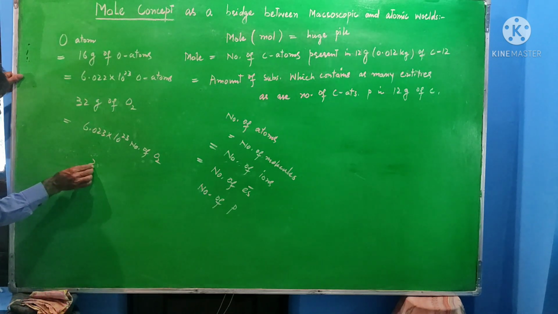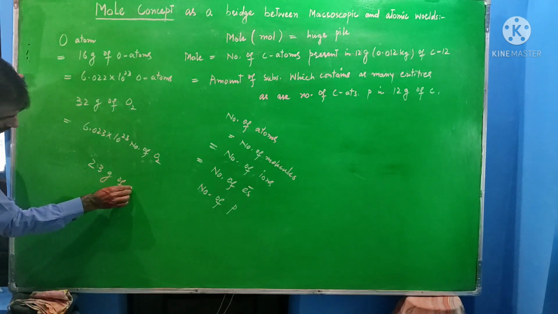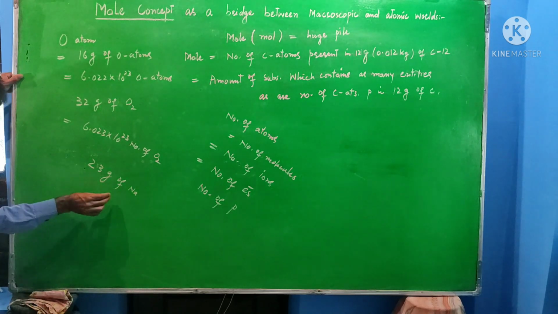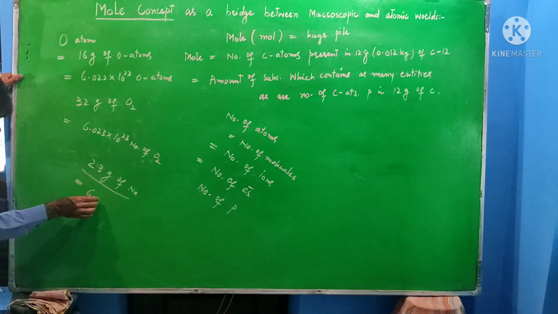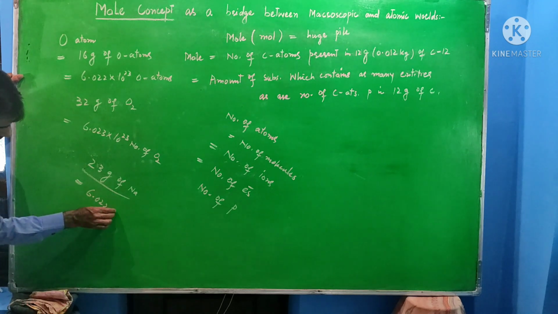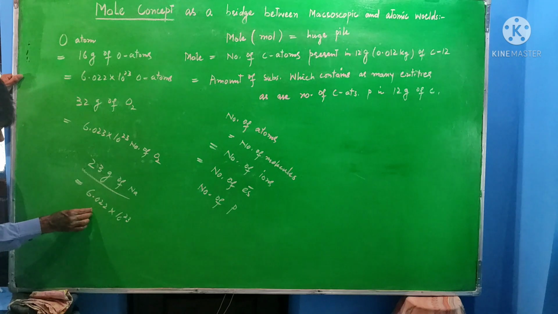Similarly, if I take 23 gram of sodium metal, then within this amount of sodium there are 6.022 into 10 raised to the power 23 sodium atoms.